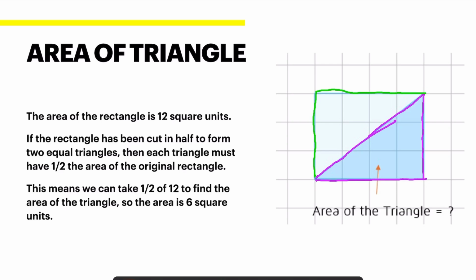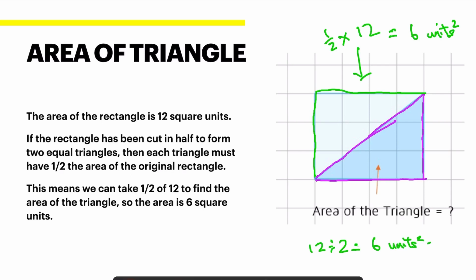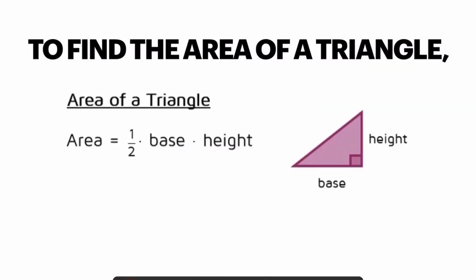So the area of one triangle would be half times 12 will give you 6 square units. Alternatively, you can also take 12 divided by 2 will give you 6 square units. So to find the area of a triangle, we can use the formula area is half times base times height.